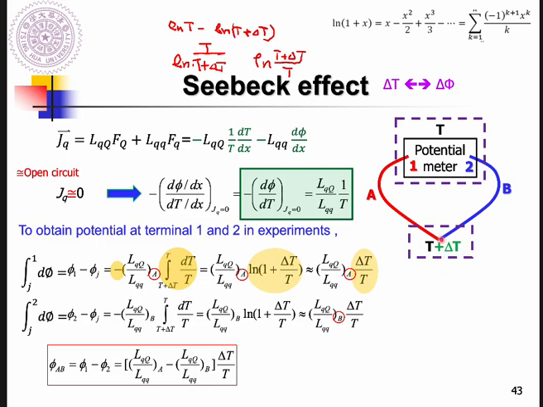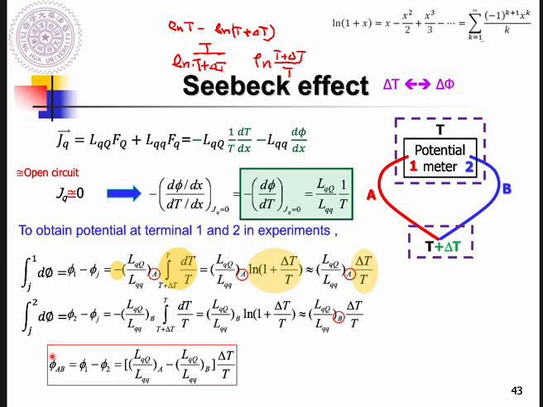So if you use this thermocouple to measure a higher temperature, then as expected, you have a larger electrical potential difference. You got a larger phi AB. If you have a larger delta T, then you can get a larger phi AB.